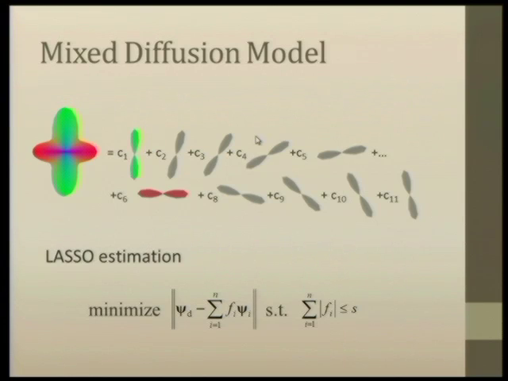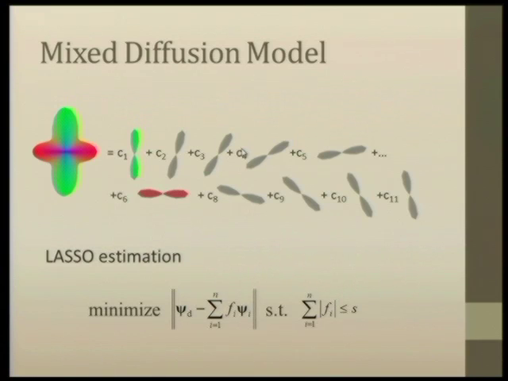And this model can be extended to a linear combination of a series of components, and the components are oriented in all directions. The interesting thing about this model is that it turns out most of the coefficients are 0, whereas the ones corresponding to the fiber orientations are positive. So the coefficients are sparse.